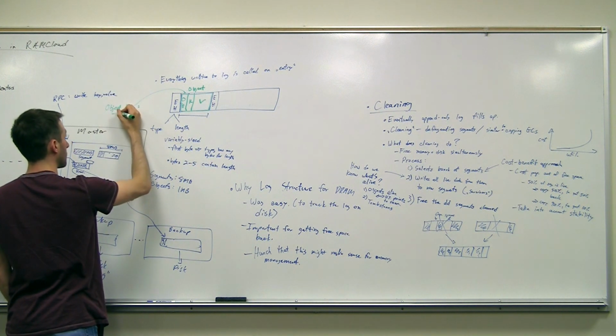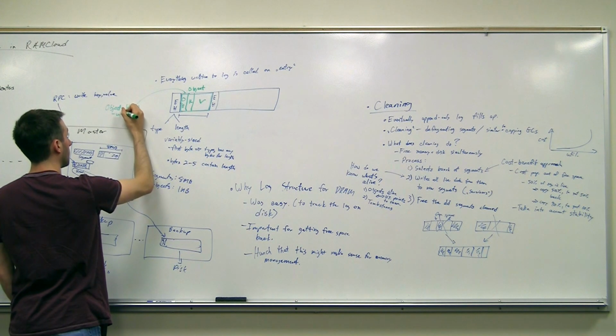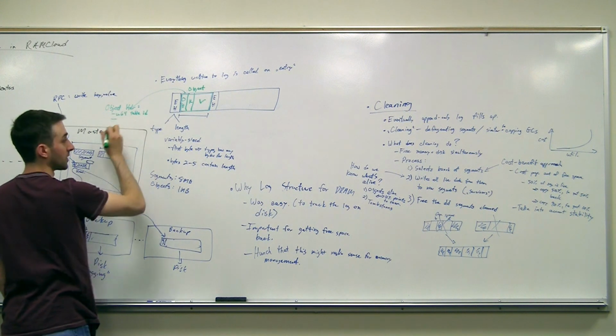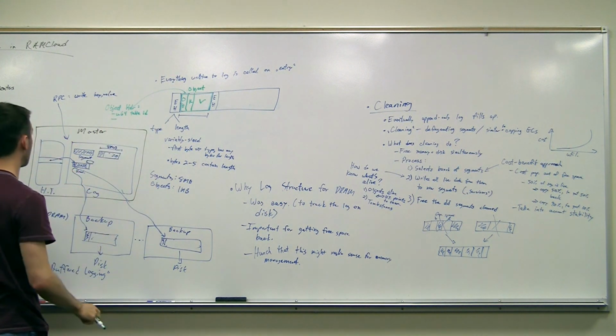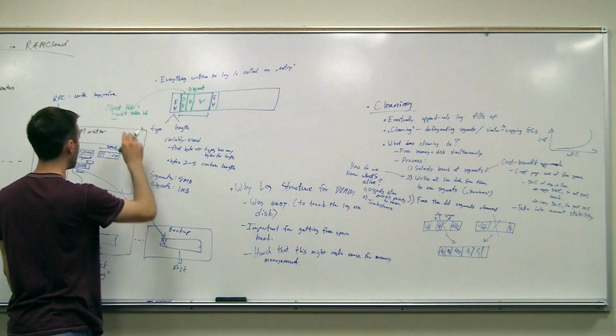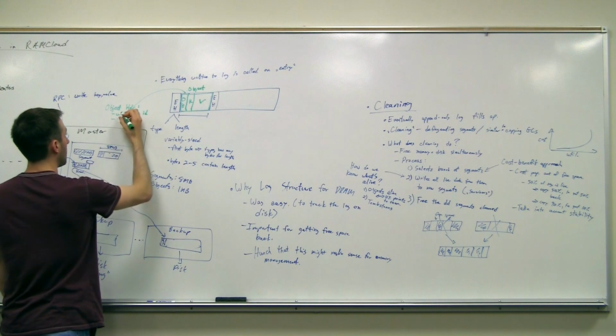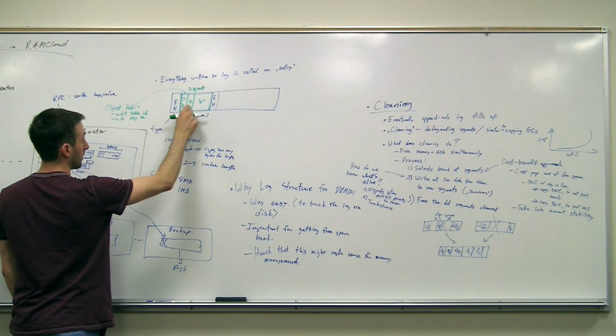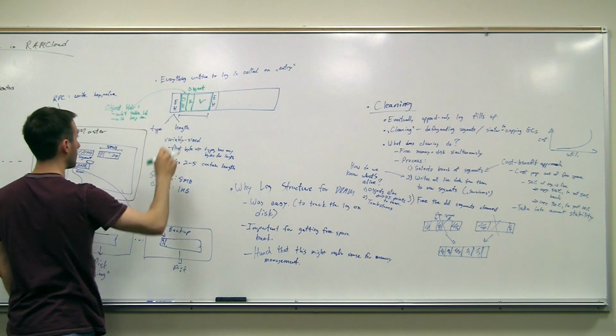The object header contains a bunch of information. There's a 64-bit table ID. I haven't really talked about tables. There's not a whole lot to talk about in this context, but basically, a table is a namespace for keys so that we can have the same named key in different applications. There's a 16-bit key length, so we know how long the key is and where the beginning of the value starts.